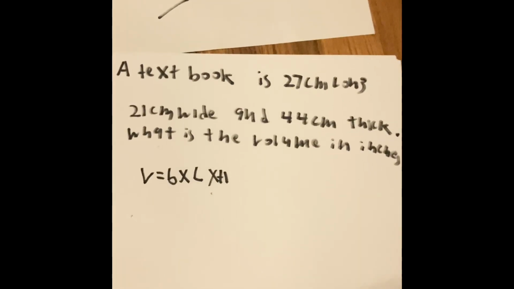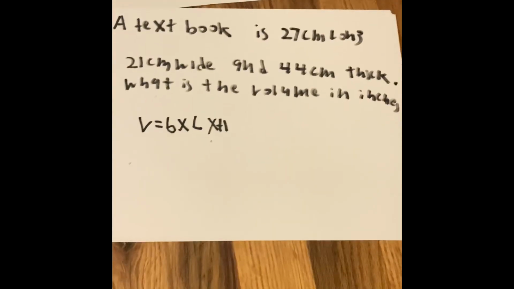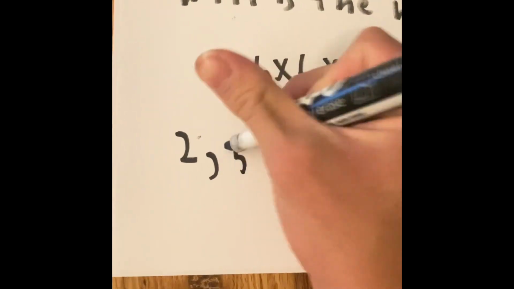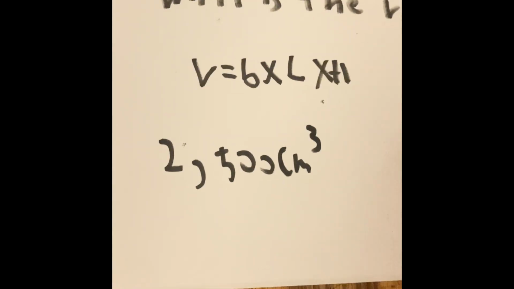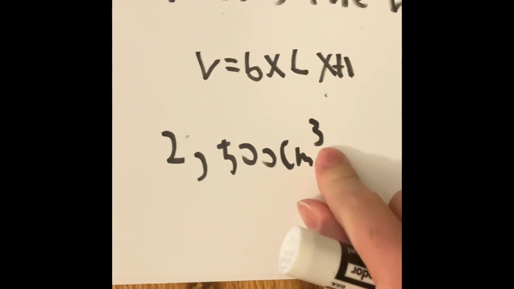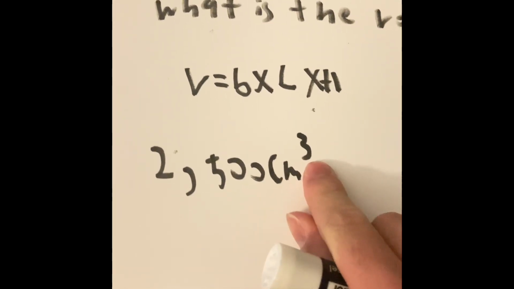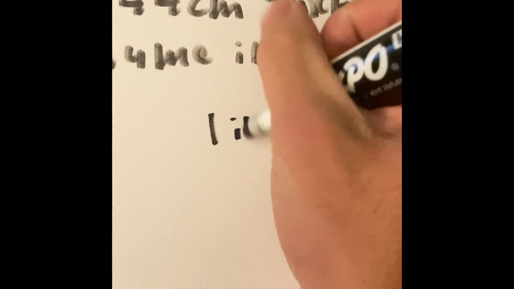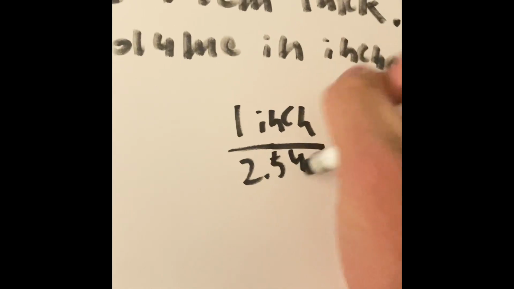Going back to the problem, if we do 27 times 21 times 44, we get an answer of 2,500 centimeters cubed. You probably might know what that number 3 is, but going back from the last problem, to get from centimeters to inches there is a conversion we know of: 1 inch is equal to 2.54 centimeters.